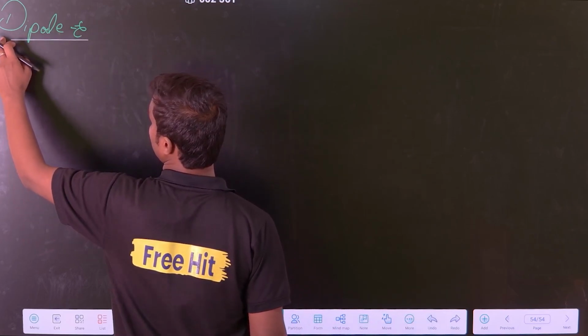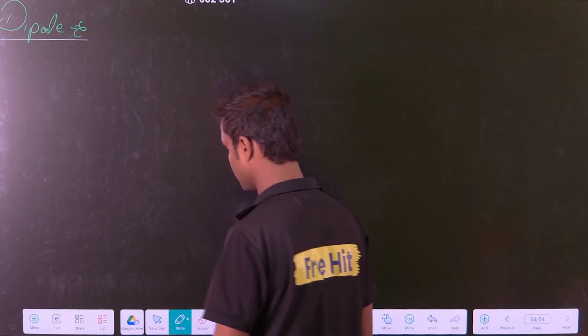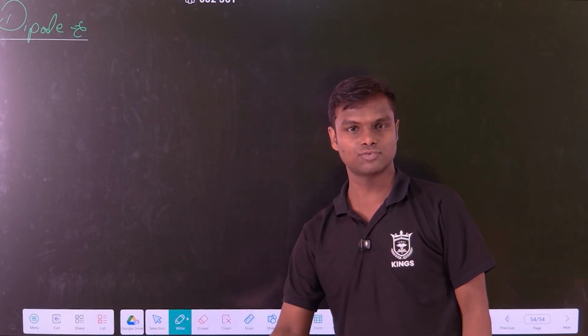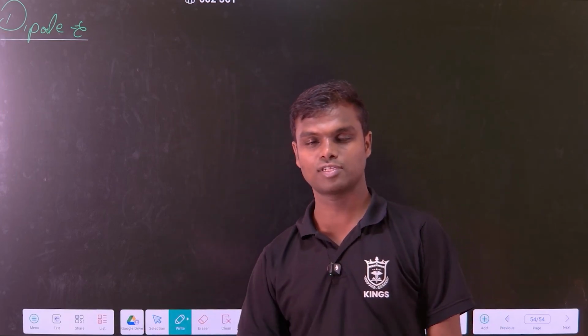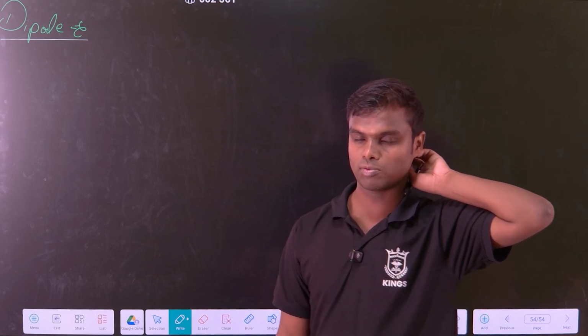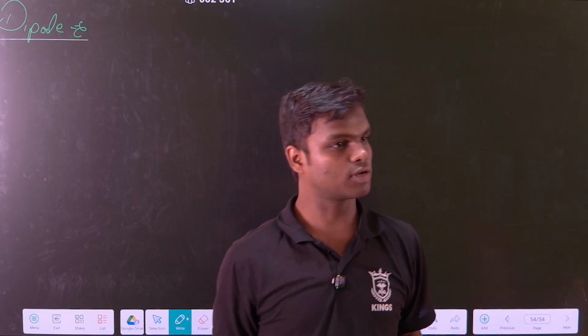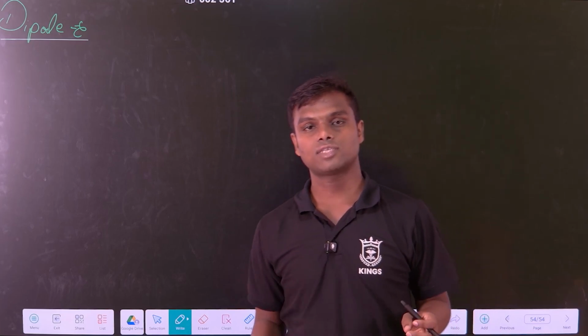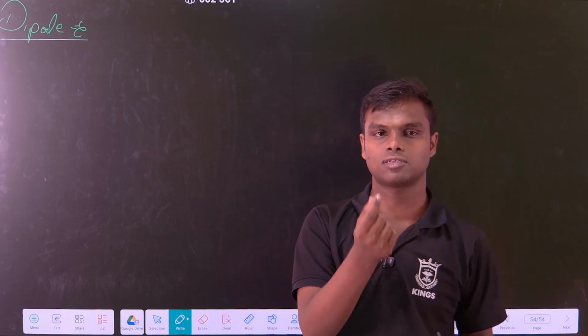There is dipole interaction, induced dipole interaction, ion dipole interaction. So what is a dipole? A dipole is two charged particles, and they are separated by a very small distance.